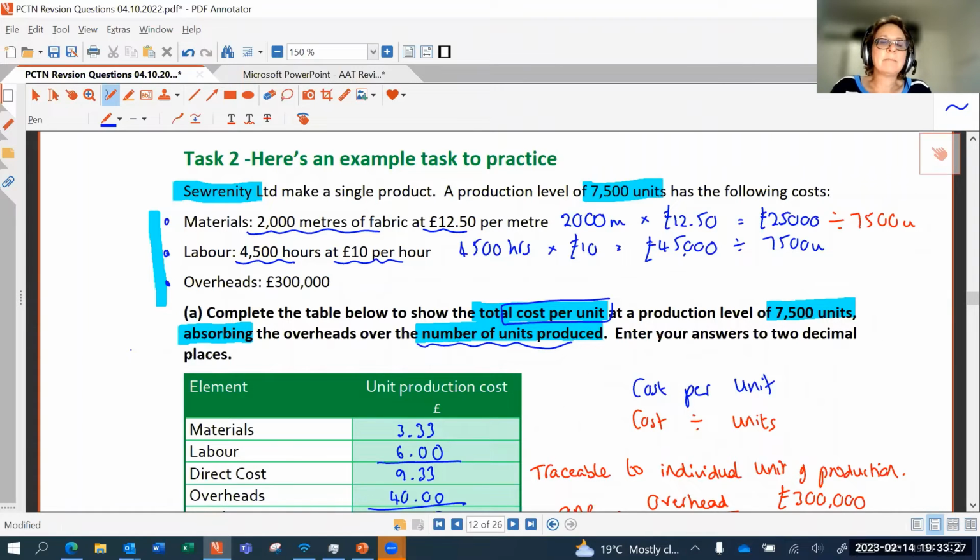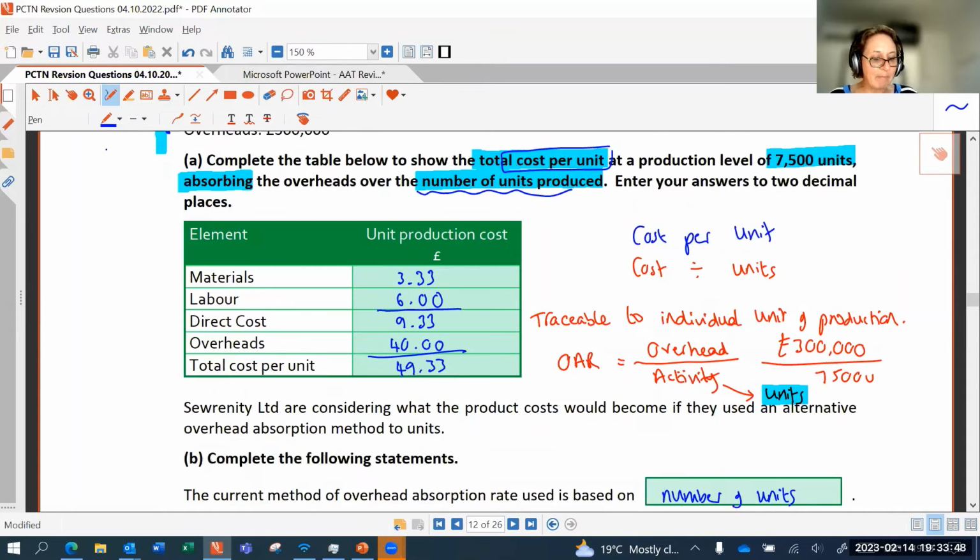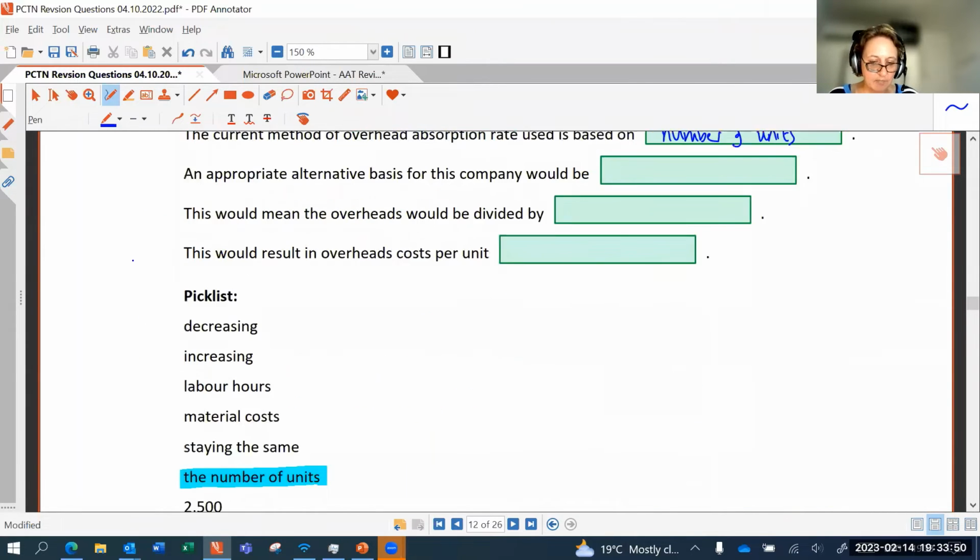And why is that? Because that's the only other information I've got. It makes it look like there aren't any machines in this factory. It makes it look like we sew these teddy bears by hand. There's no mention of any machines. The only other thing I've got to work with are these labour hours. So because I've got labour hours given, that would seem like a useful alternative.